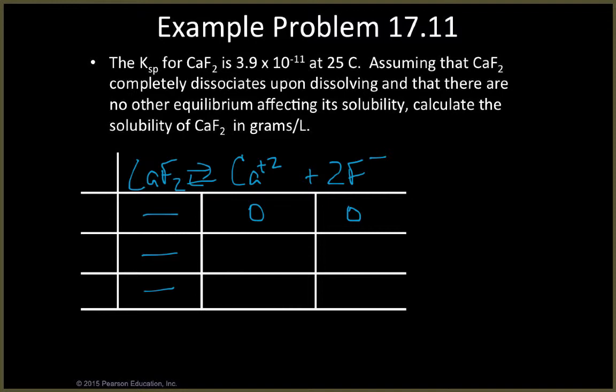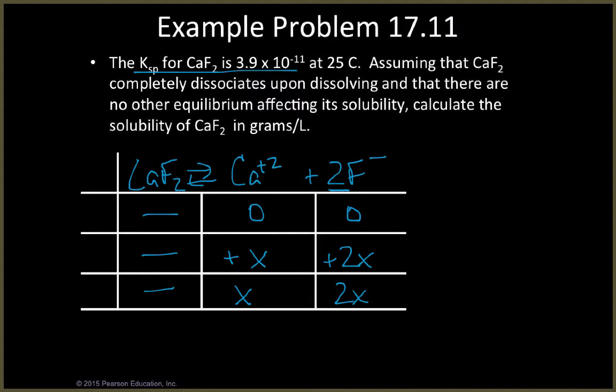Now this time they don't give me anything in equilibrium. What they give me is the KSP. So that means I'm going to go back and use my x's. Calcium is going to increase by plus x. This again is where you have to be careful of those coefficients. The fluorine is going to increase by 2x.